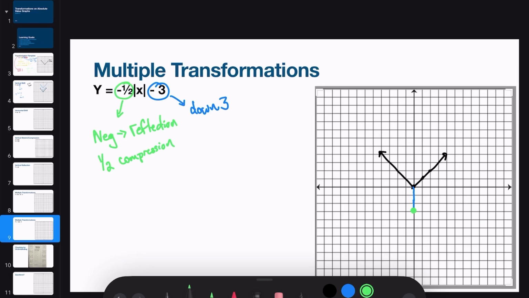It's going to open down like this, with a slope of 1, 2, in both directions. So I go down 1, right 2, down 1, right 2, down 1, left 2, down 1, left 2. I still have that V of an absolute value, but it is reflected and has a new slope of 1/2.